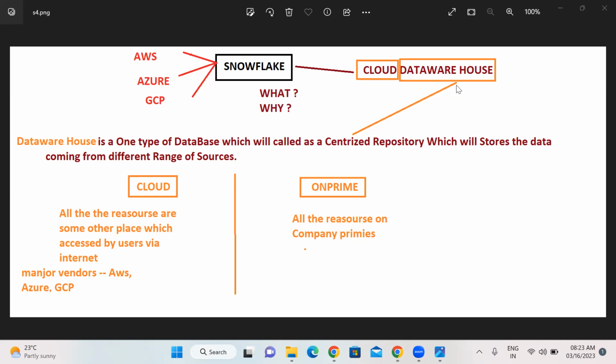But if you are going to access my data on my laptop, that we call a cloud. Simply maintaining the data, the servers, the resources in some other place, and via the internet you can access those resources. That refers to cloud.